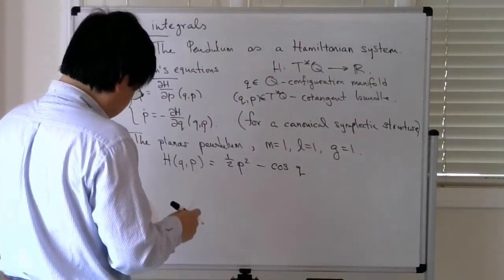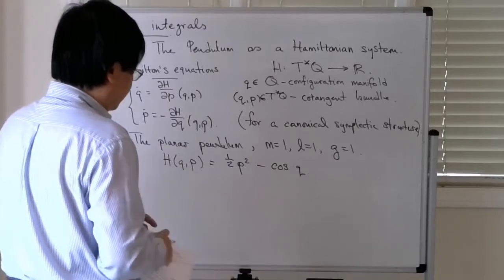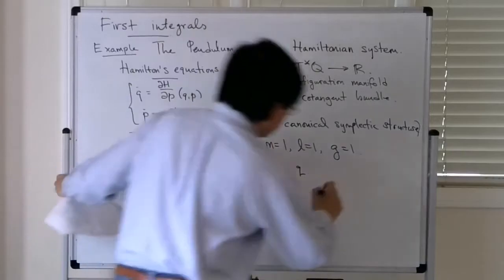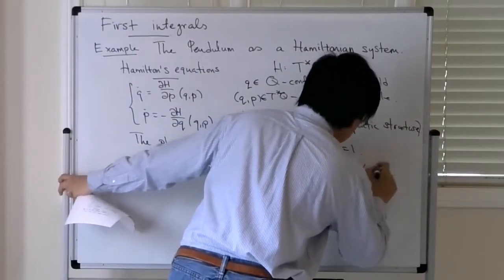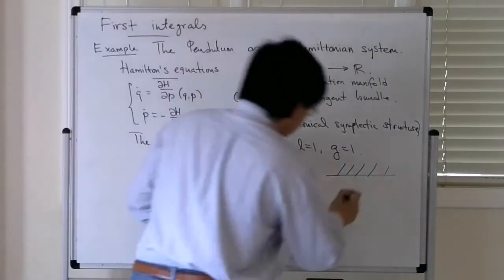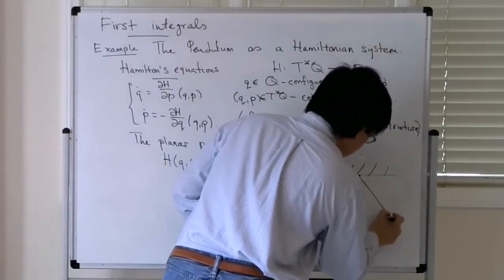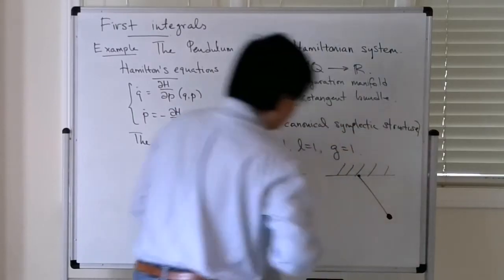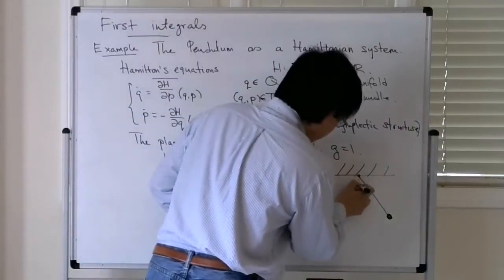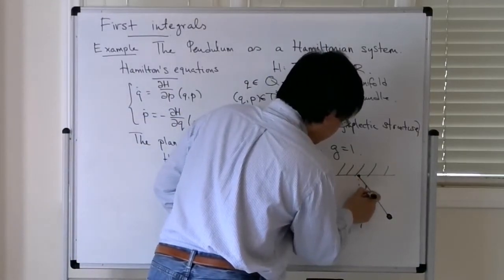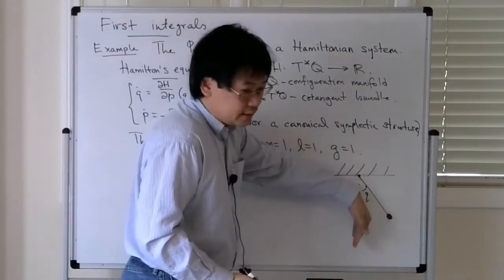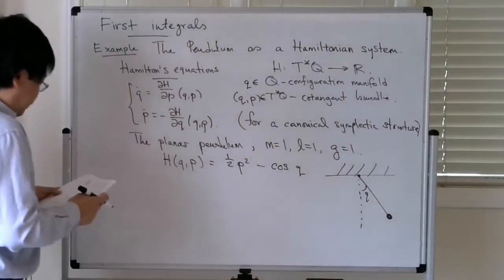Okay, so perhaps it's worthwhile to say a little bit about what P and Q are. Let's draw a picture of this. If you imagine that's the ceiling, for example, then you have a fixed point to the pendulum, and Q is a generalized coordinate, which corresponds to the angle the pendulum makes with the vertical direction of gravity.